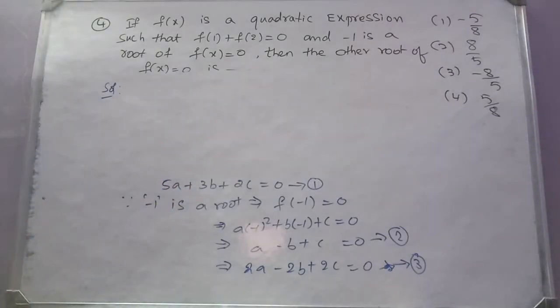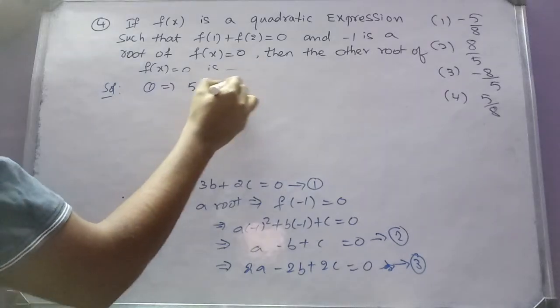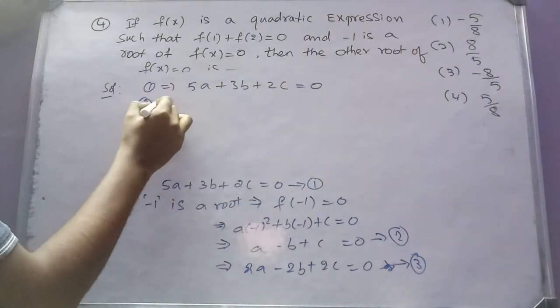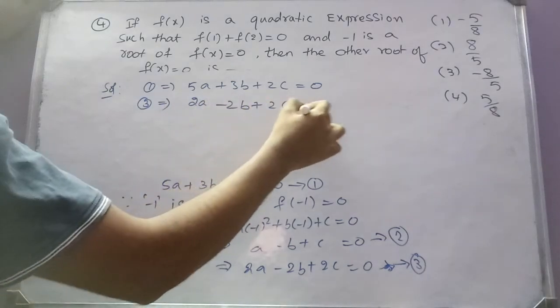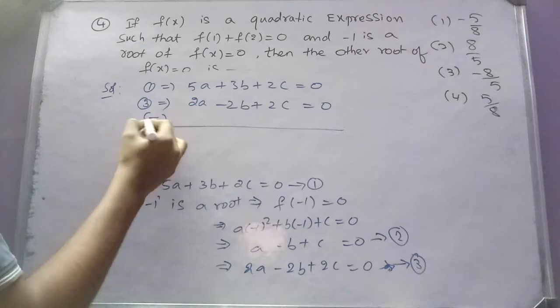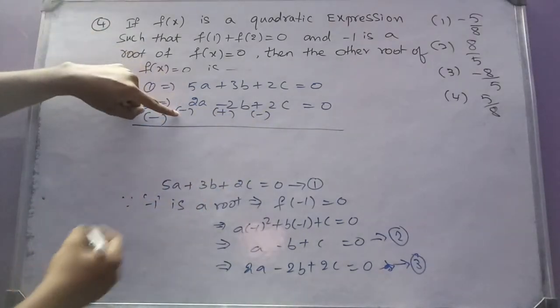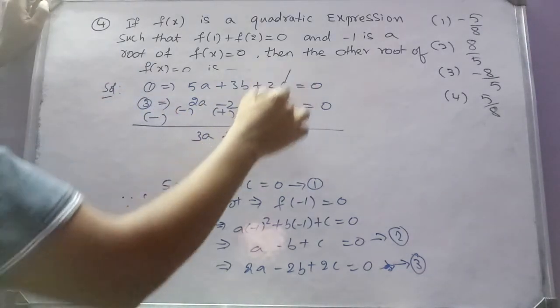If you subtract equation 1 and equation 3: equation 1 is 5a plus 3b plus 2c equal to 0, and equation 3 is 2a minus 2b plus 2c equal to 0. By subtracting, you have to change the signs here. 5a minus 2a is 3a and 3b plus 2b is 5b. Anyhow, the 2c will get cancelled.